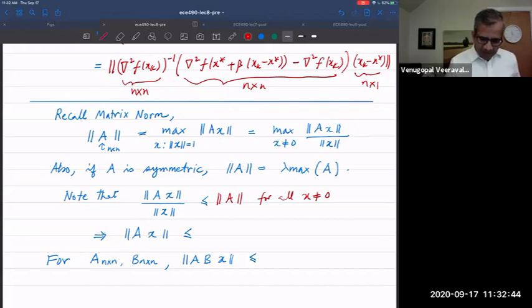And if I multiply x on both sides, then I conclude that this is true. And in fact, now I can include x equal to 0, because with x equal to 0, trivially, the left and right hand sides are equal to each other. So as long as I'm not dividing by 0, I don't have that issue of making x not equal to 0. So this is true for all x.